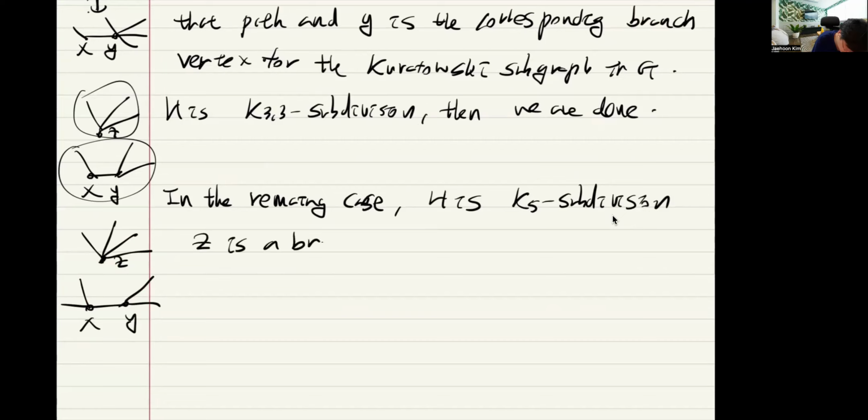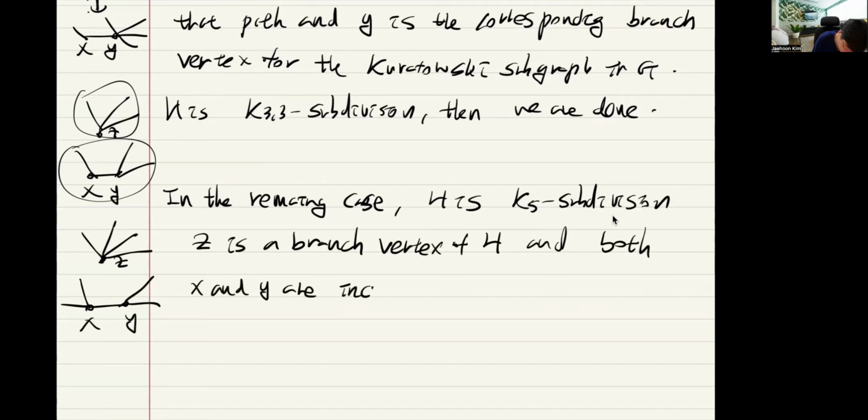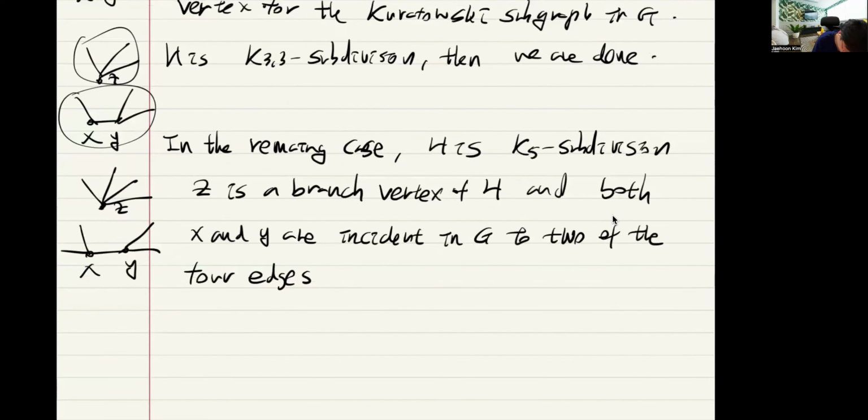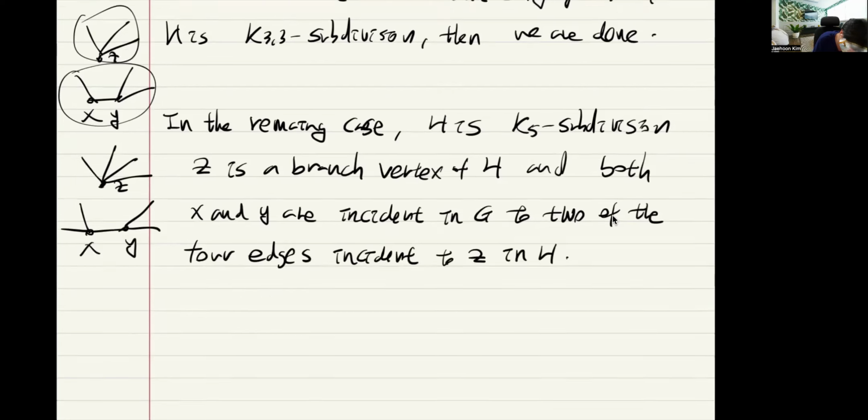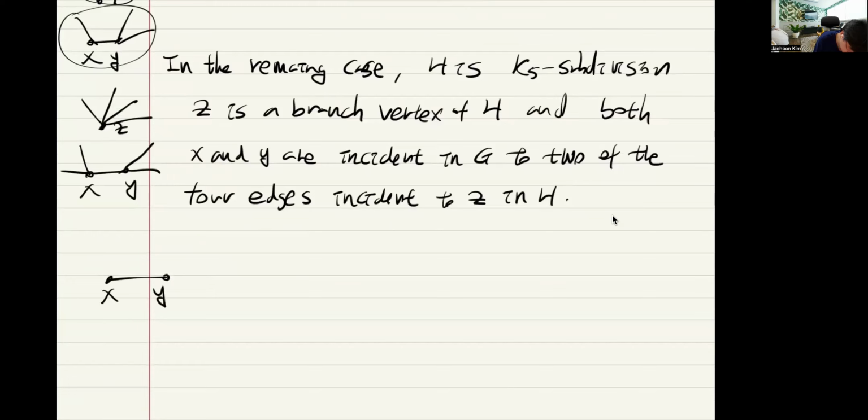See the branch vertex of H, and both X and Y are incident in G to 2 of the 4 edges incident to v in H.